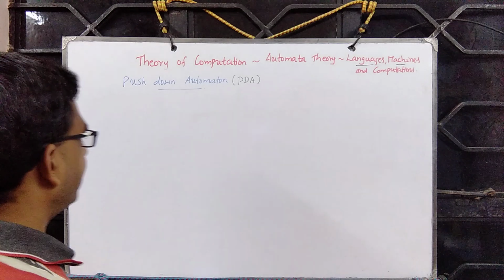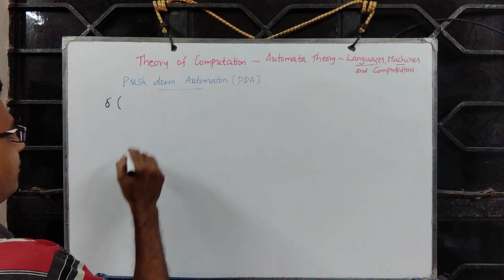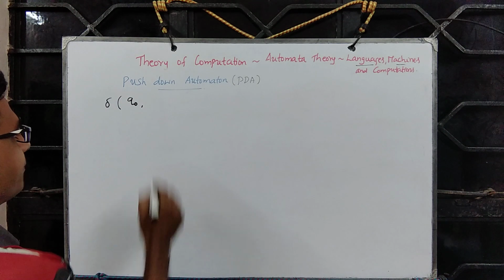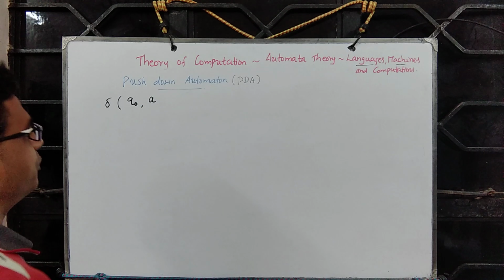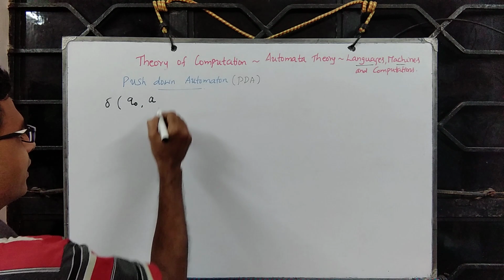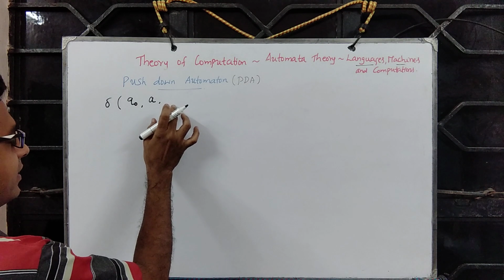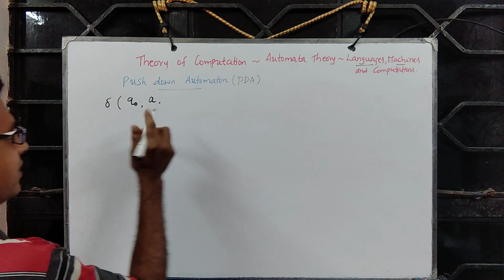Let us describe the mission. Now, delta of, we start from Q0 and we read an input symbol A. Now, we should also bring the stack configuration as part of the description.